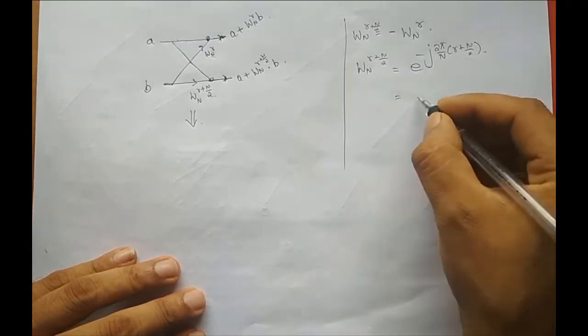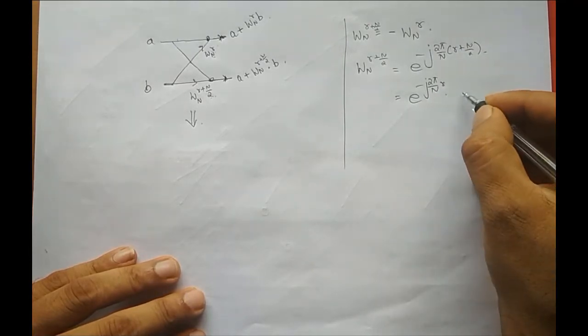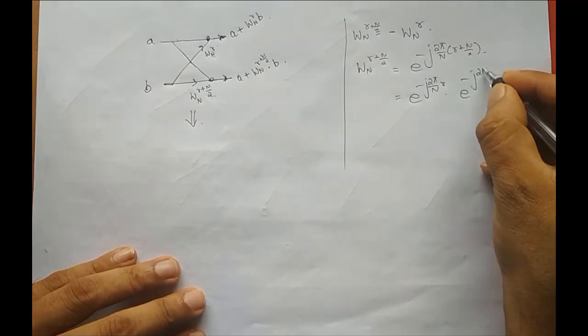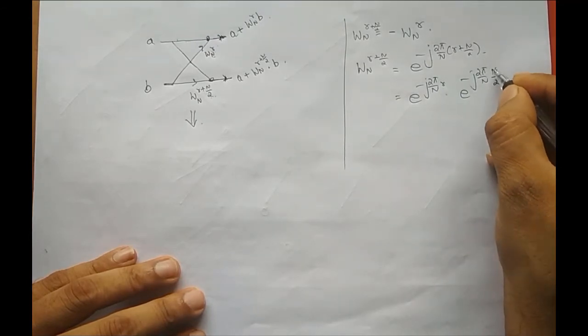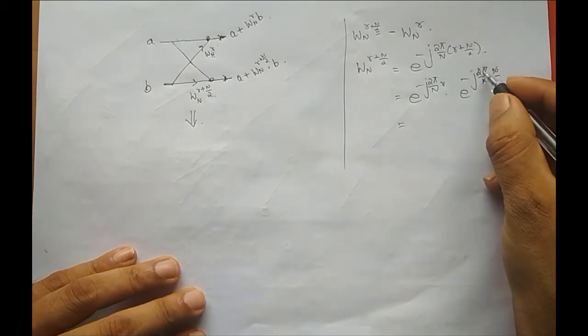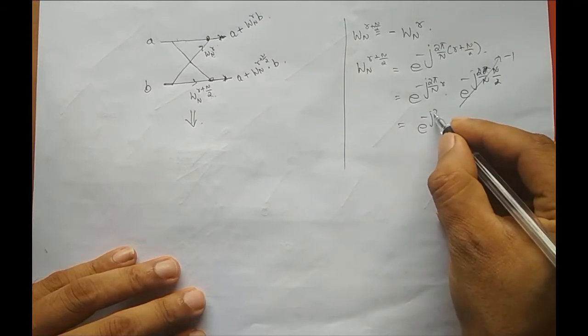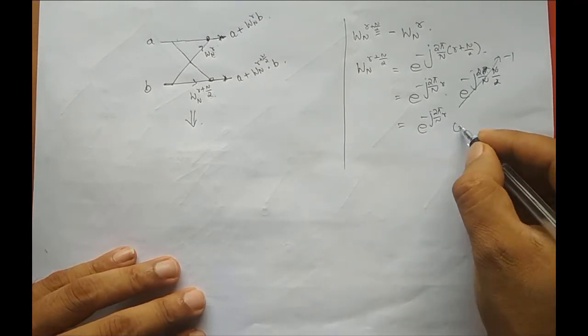If I split this, e power minus j 2 pi by n into R, into e power minus j 2 pi by n into n by 2. So n cancels out, 2 cancels out, so e power minus j pi is minus 1. So this is e power minus j 2 pi by n into R, times minus 1.